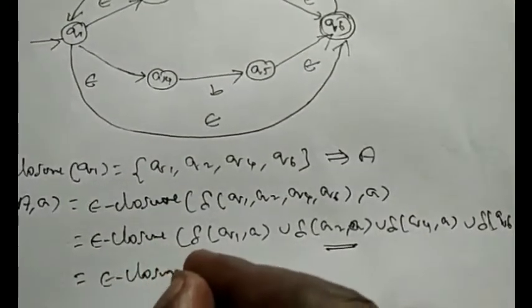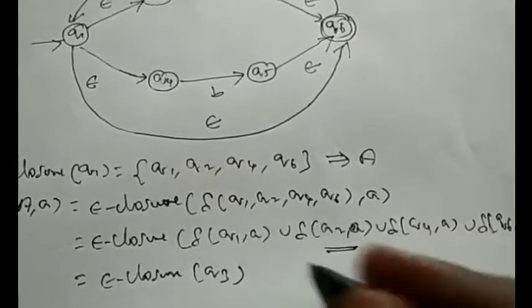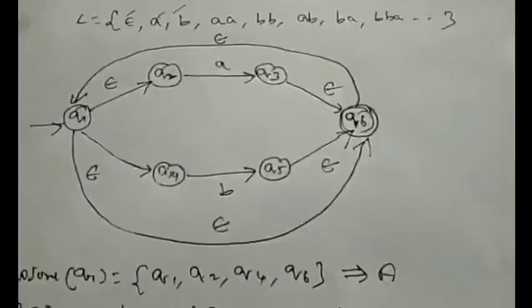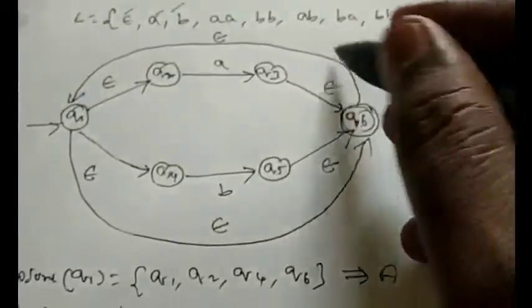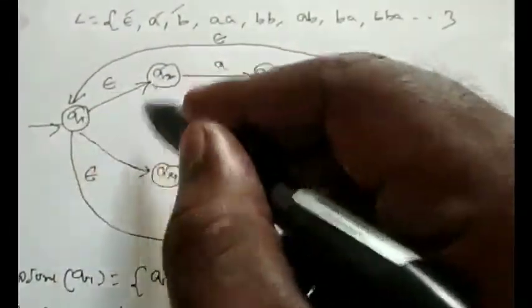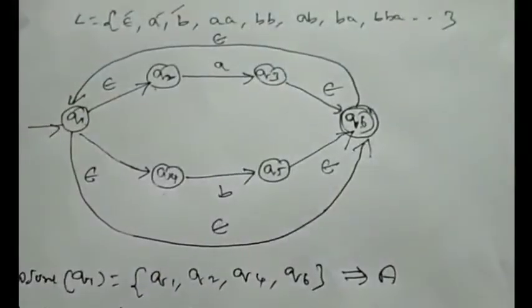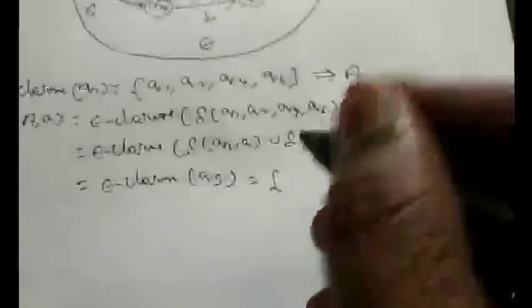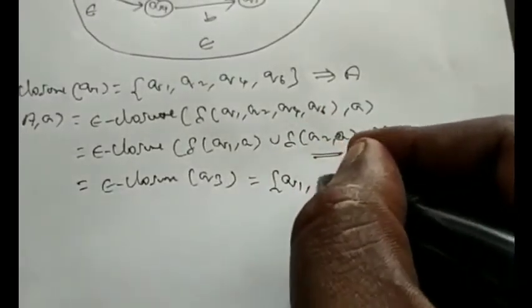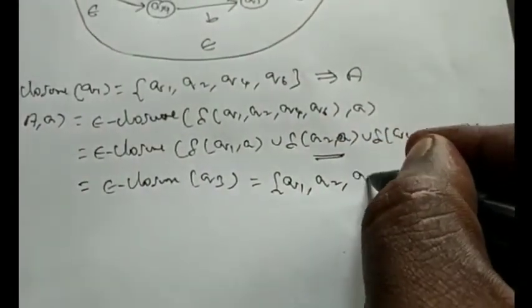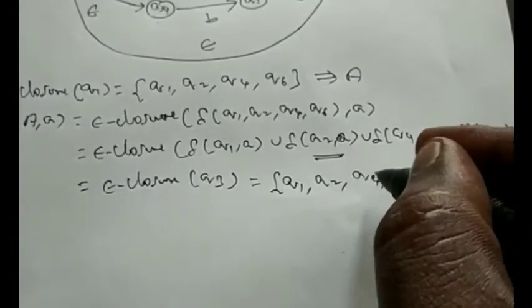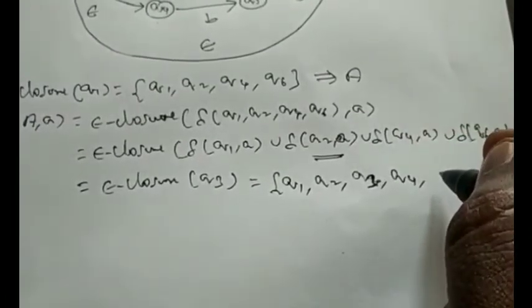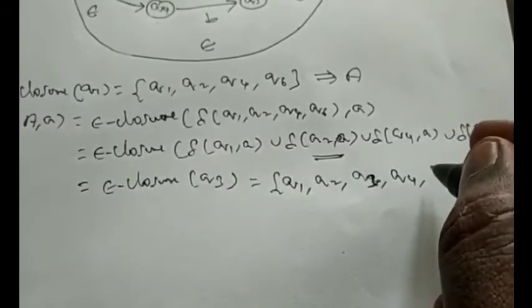So epsilon closure of Q3 is equal to, what is the answer? Q3 goes to Q6, Q6 goes to Q1, Q2 and Q4. Okay, so the answer is Q1, Q2, Q3, Q4 and Q6.